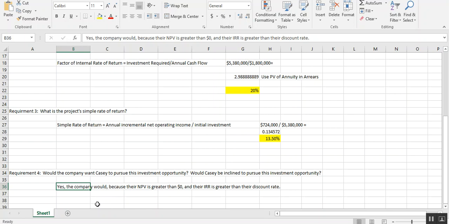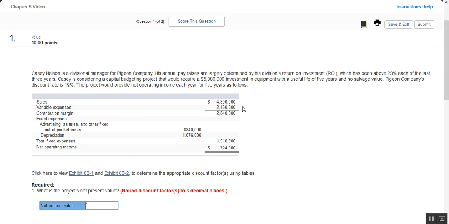So the second part of that question says, would Casey be inclined to pursue this investment opportunity? And that's interesting, because we're going to look back at the instructions to this problem. It says Casey Nelson is a division manager for a pigeon company, and his annual pay raises are largely determined by his division's return on investment.